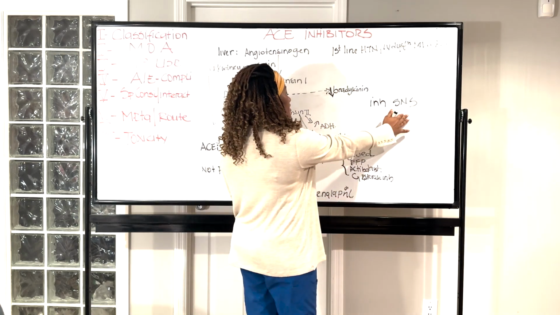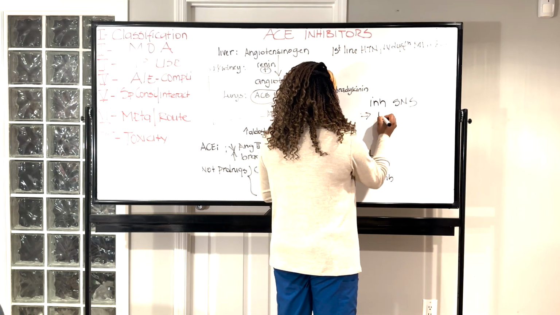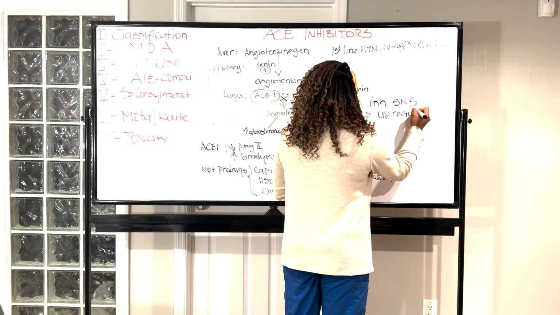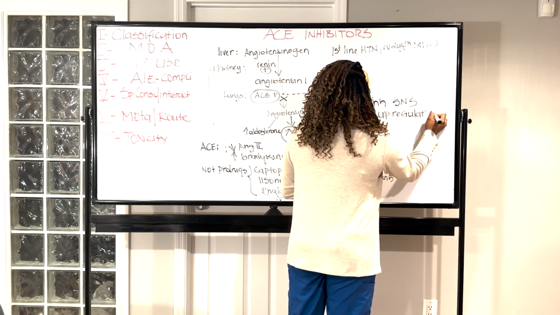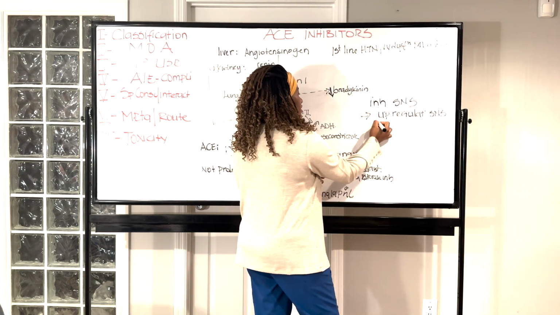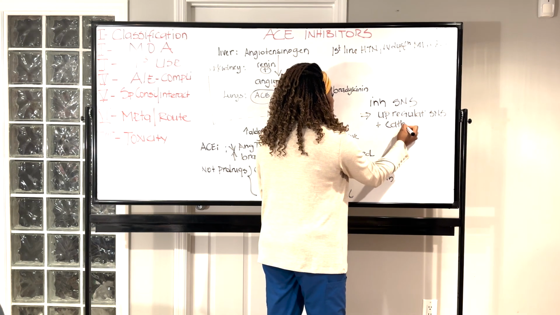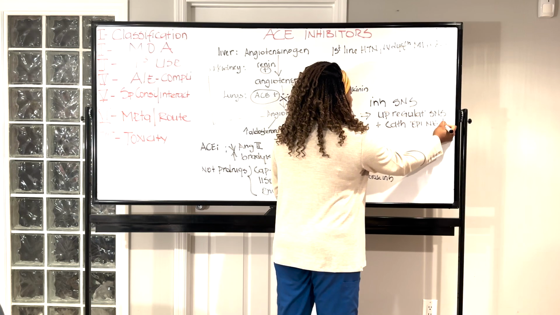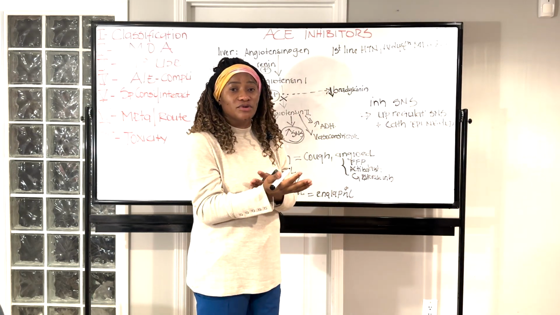So by inhibiting the sympathetic nervous system here, you are upregulating the receptors. And if you give this upregulation in the presence of catecholamines like epinephrine, norepinephrine, and dopamine, you're going to have a huge surge in your blood pressure.